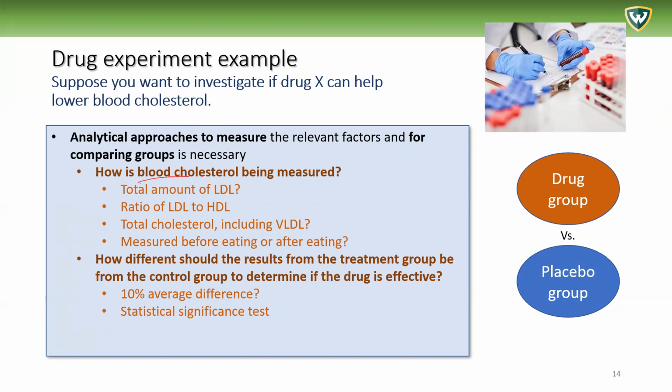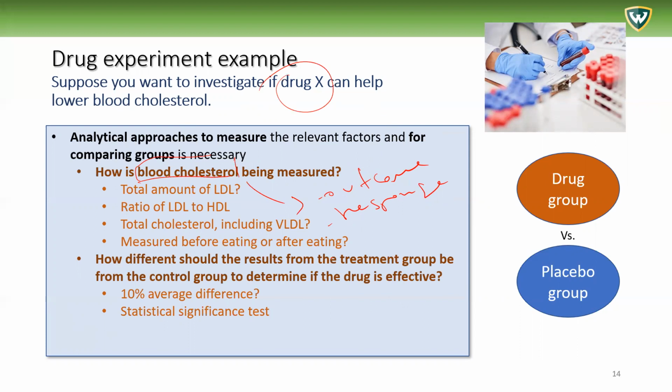And this is what we also call the outcome variable or response variable. This is usually the one thing or factor that we want to examine to see if it's changing based on our treatment, drug X in this case. So the way we measure the outcome variable is important. And there are usually many different ways to measure.